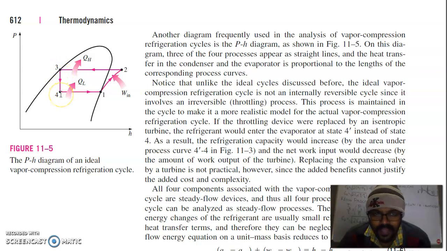During 3 to 4 enthalpy is constant while pressure reduces. And 4 to 1 is constant pressure heat addition in the evaporator, not the condenser. Heat is taken in the evaporator and the mixture converts to vapor, and then it enters the compressor again.